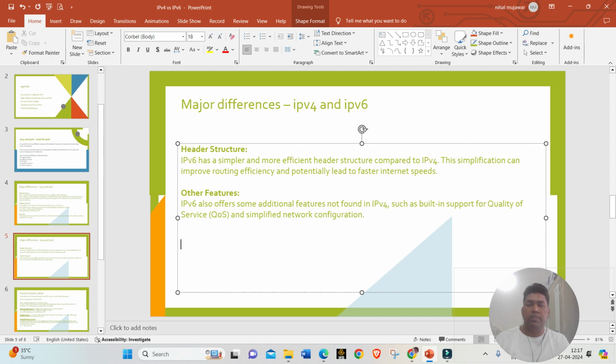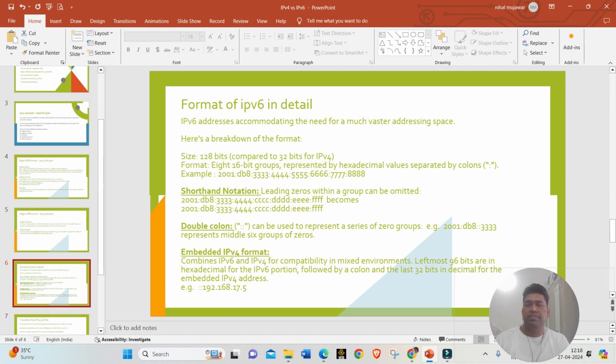And we have a couple of additional features for V6 which are not present in IPv4, such as built-in quality of service, QoS, and simplified network configuration. So with IPv6, we have these benefits or features.